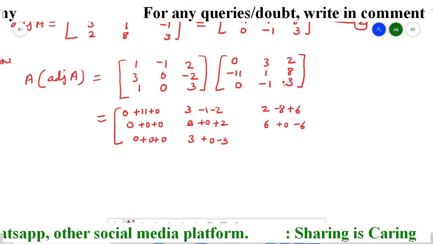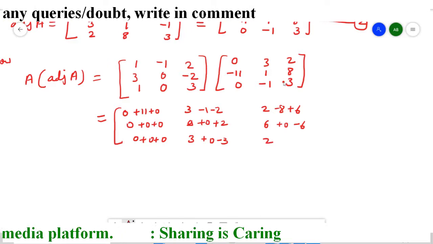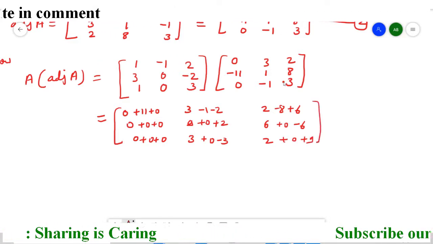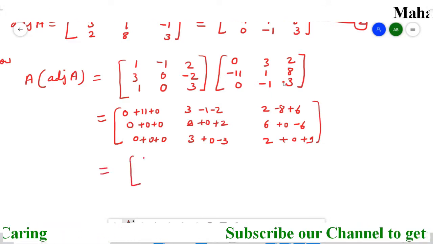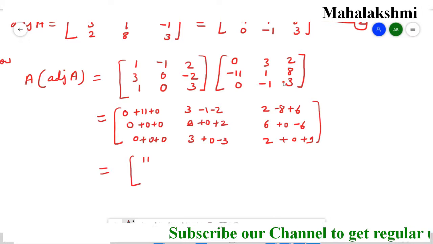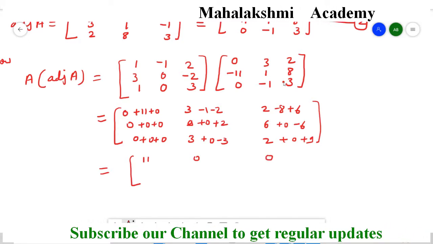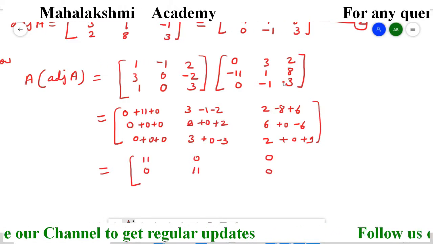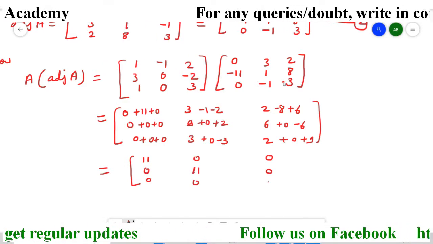So we'll get here 2, 0, and 9. Now we'll simplify it. So that will give us 11, 0, 0, 0, 11, 0, 0, 0, and 11.